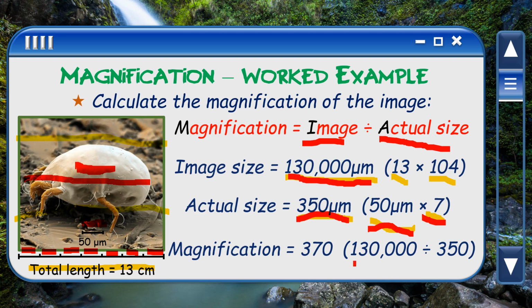So we shall come and put it here, 130,000 micrometer divided by our actual size, which is 350. And this one is going to give us a magnification of 370.